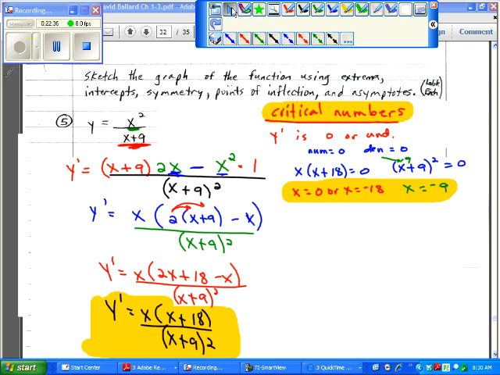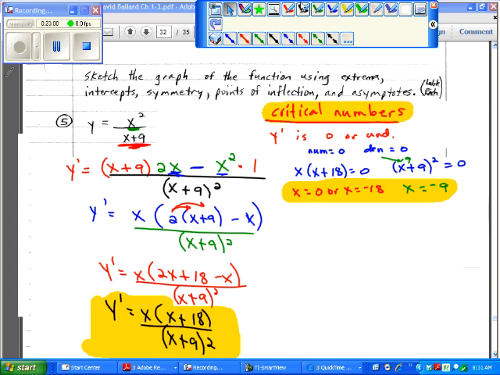Maximums and minimums. And where x is equal to 0, the first derivative is 0, is a possible point of inflection. It doesn't mean it is, it means it could be, right? Okay, so we've got possible maximums and mins and a possible point of inflection. When we get to the second derivative being 0, then we really get serious about a possible point of inflection.